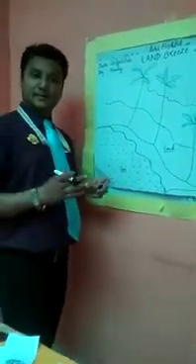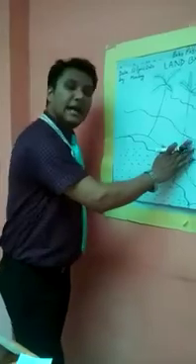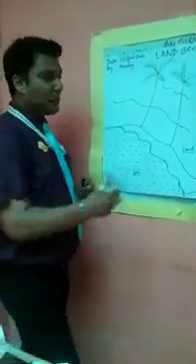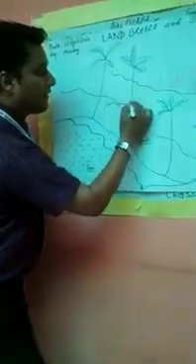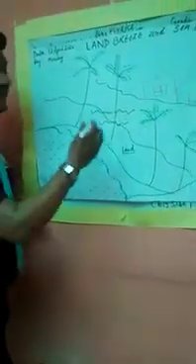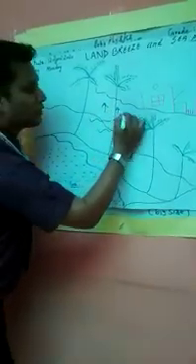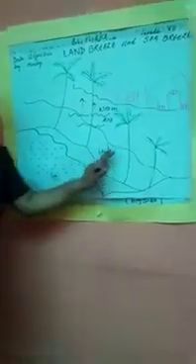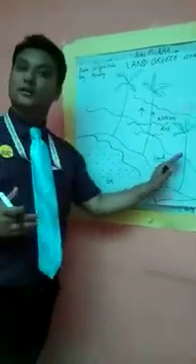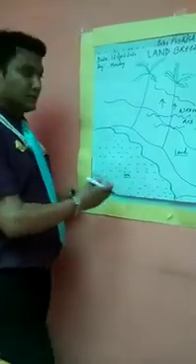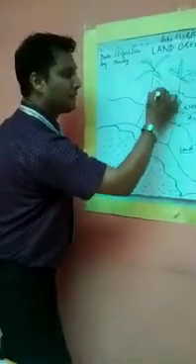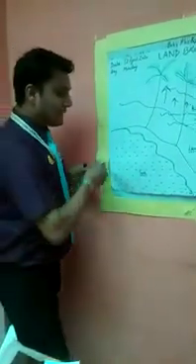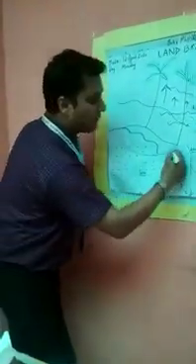Now in summers, in daytime, the land heats up faster compared to the water. When air heats up, it rises. So the warm air rises up because the land gets hotter faster compared to the water, and from the sea, the air moves to land.